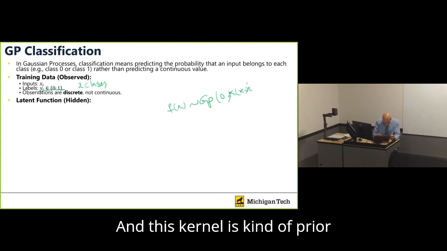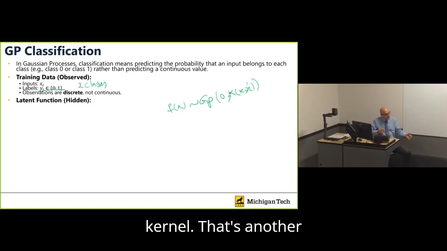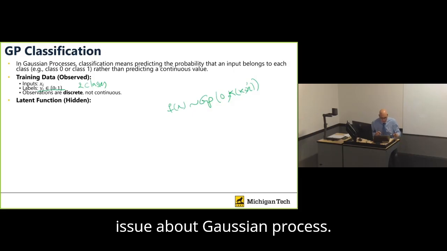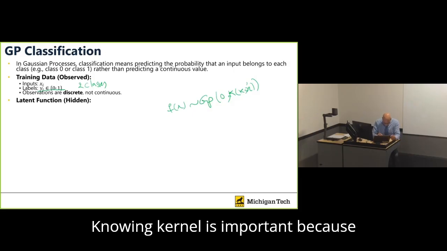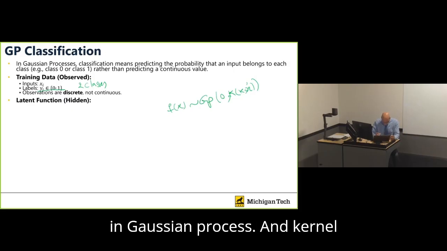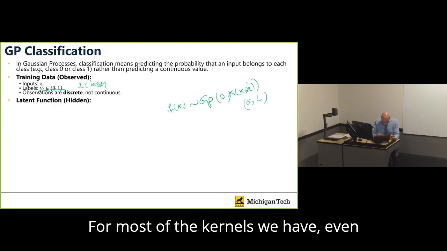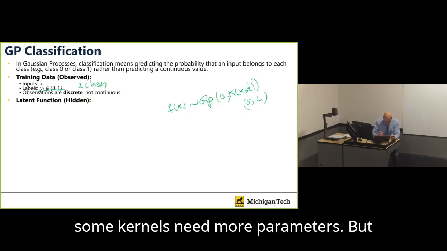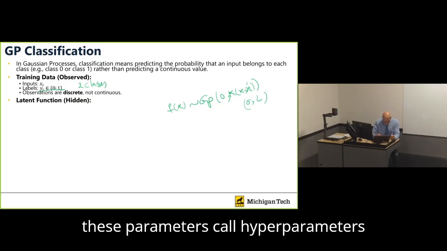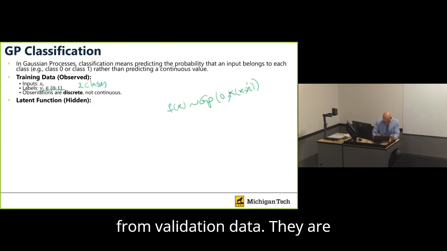This kernel is prior information because we need to know the kernel. That's another issue about Gaussian process. Knowing the kernel is important because the kernel plays a very important role. The kernel has some parameters like sigma and L, and some kernels need even more parameters. These parameters are called hyperparameters because they can be learned from validation data.